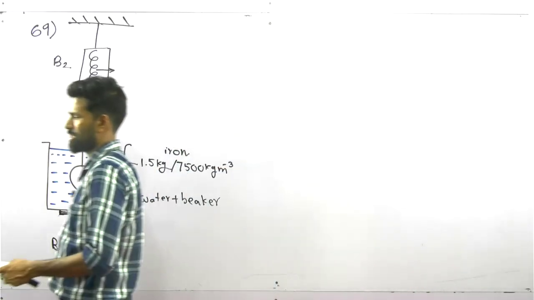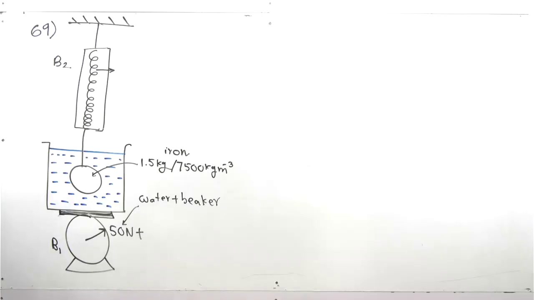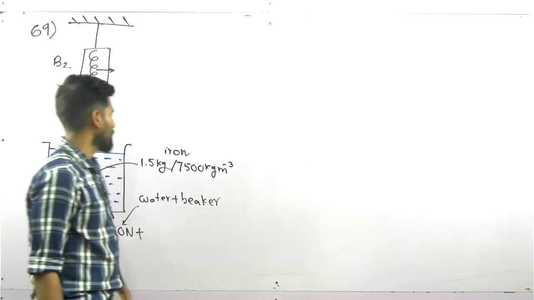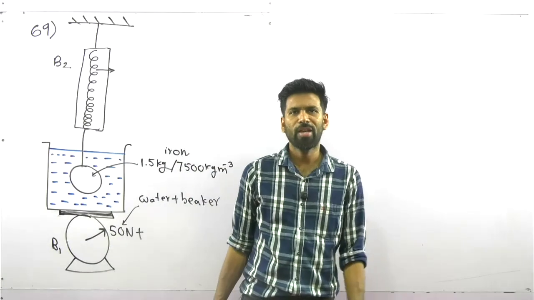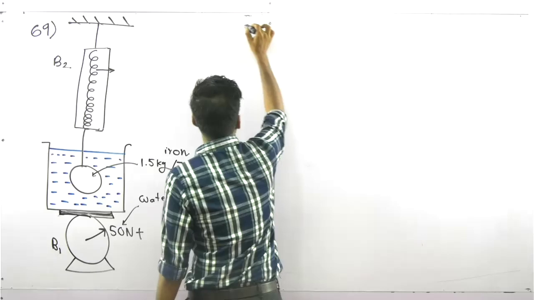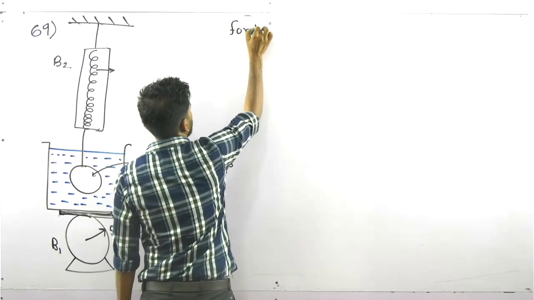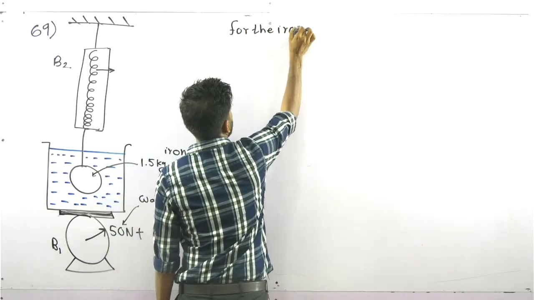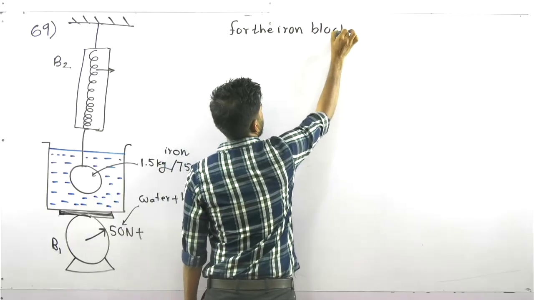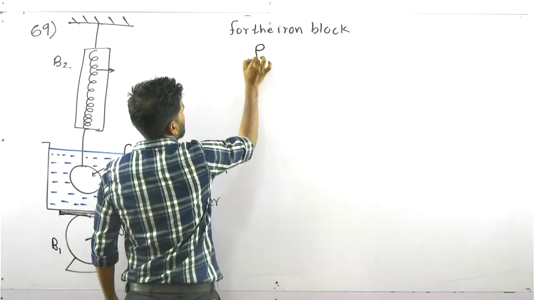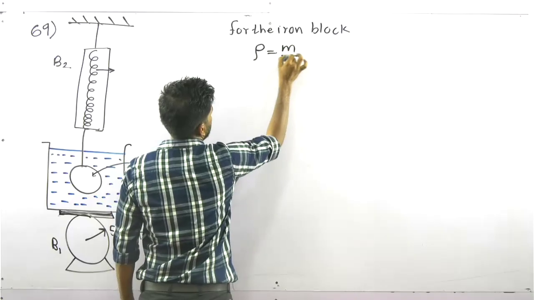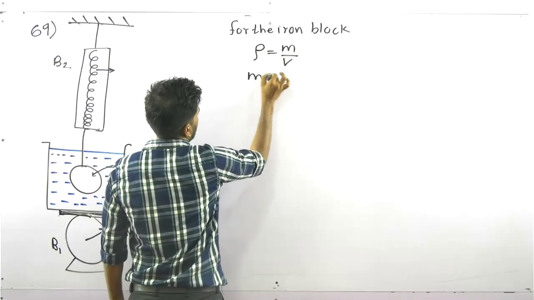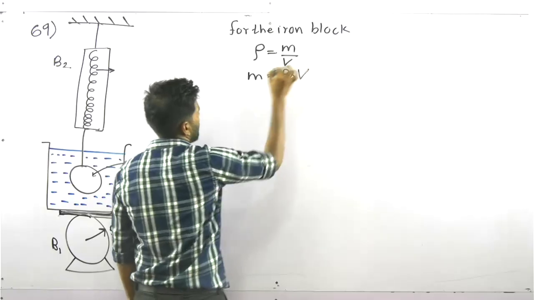Okay, let's do this. So what's happening here? Shall I find the weight of the iron block? For the iron block, density is equal to mass over volume, so mass is equal to density times volume.